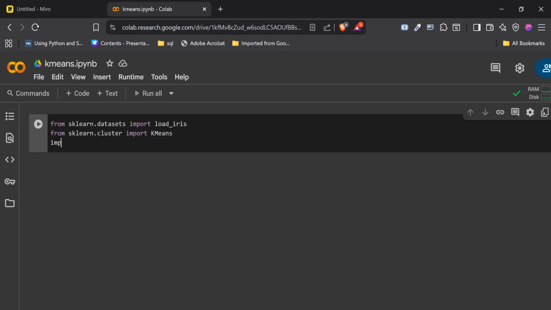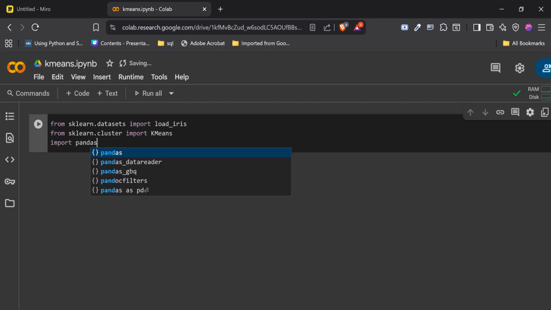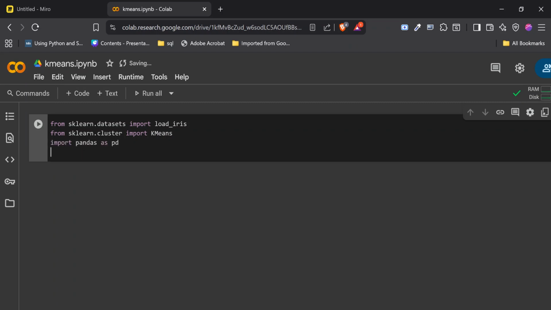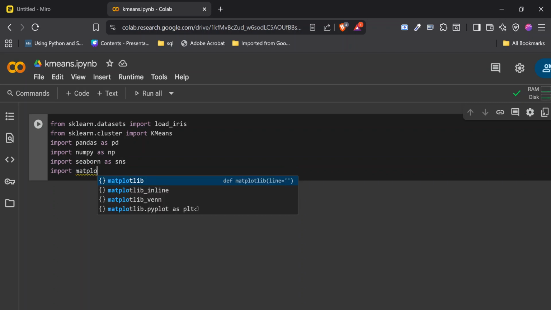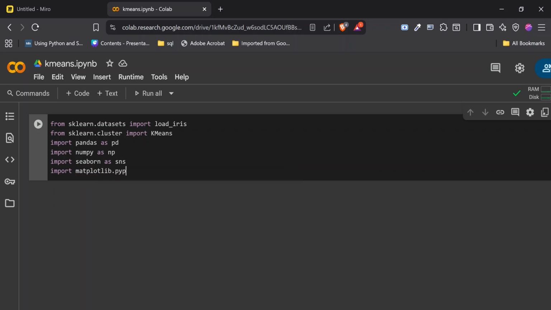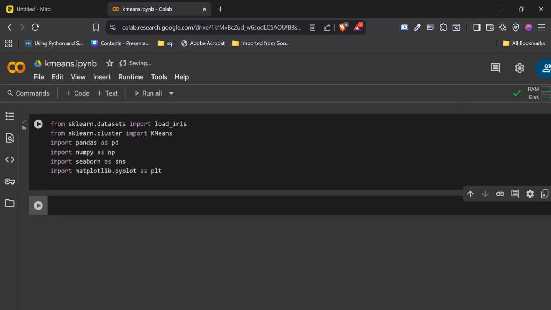We'll import pandas as pd, import numpy as np, import seaborn as sns, import matplotlib.pyplot as plt. I think that's everything.